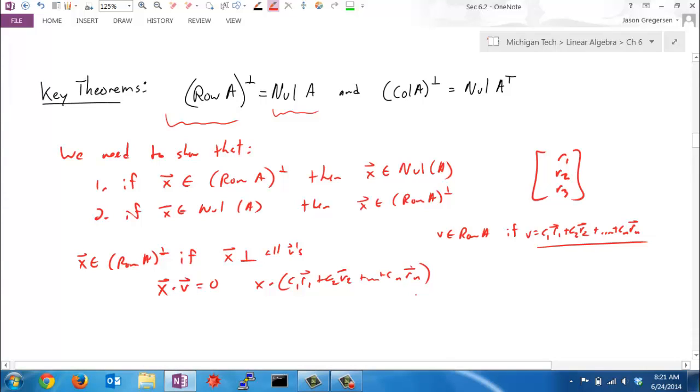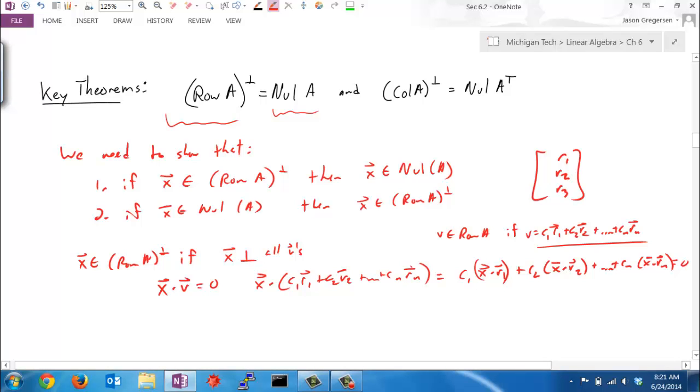So this is C1 times X dot R1, plus C2 times X dot R2, dot dot dot, plus Cn times X dot Rn. So it's kind of like I'm distributing this. I have those properties for dot product: the dot product of the sum is the sum of the dot products, and I can factor each of the scalars out of each one of these. So I have this expression, and this is supposed to be equal to 0.